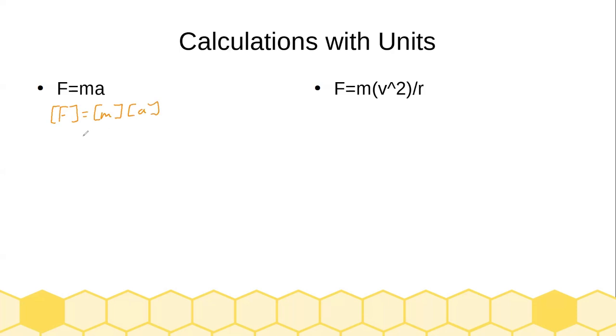We don't really know what these are yet, but take my word that it's mass times length per time squared. This is just mass times length times time to the -2, which is 1 over time squared, or per time squared is another way of writing it.